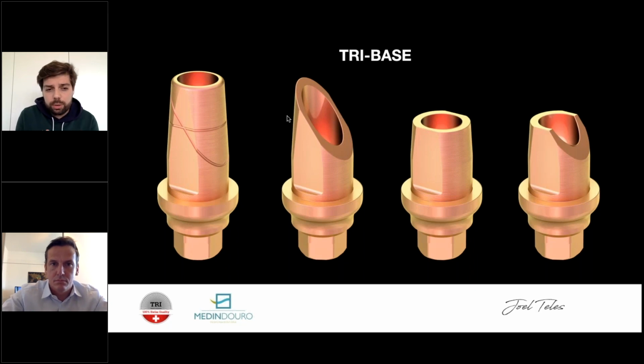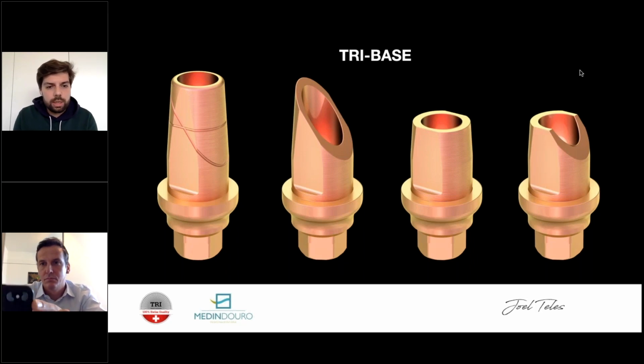So what TRI has done for us is that now your lab can choose from multiple heights and even individualize your tie bases, which they call TRI bases, and you can even screw them in up to 20 to 25 degrees of angulation.